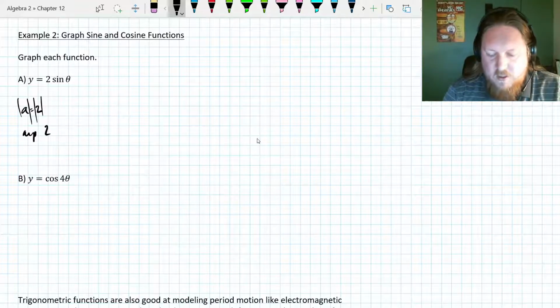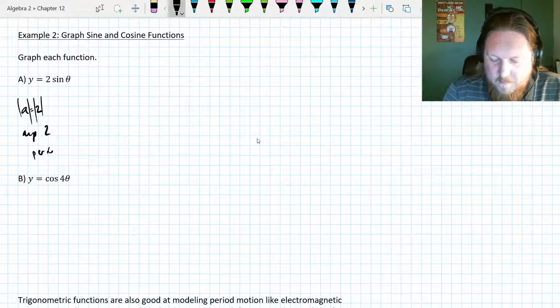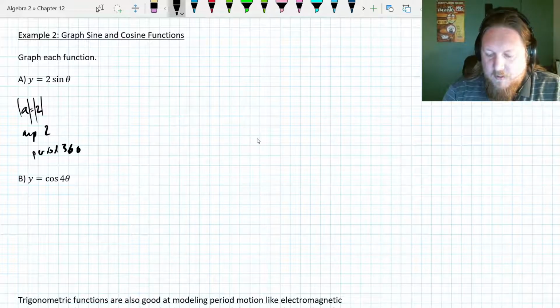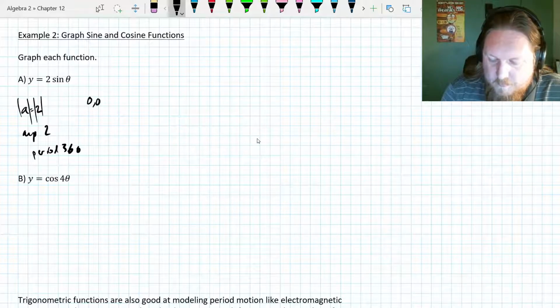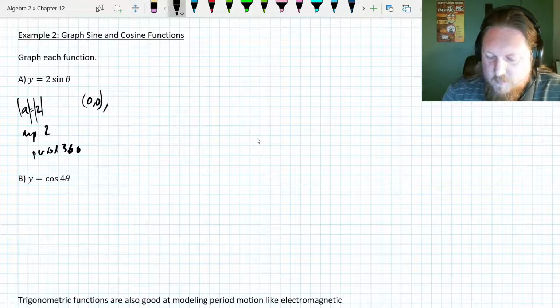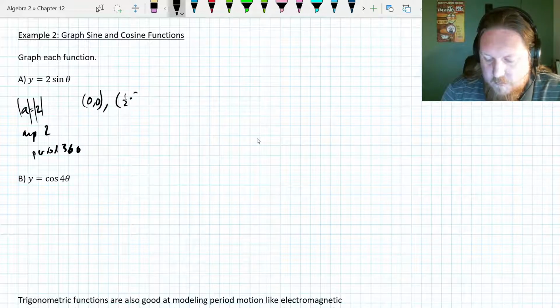There's no change in the period, so I know the period is 360, which means for my table, highlighting those important points there, I know because it's sine, it's going through 0, 0. I also know it's 1/2 times 360 over 1, comma 0.